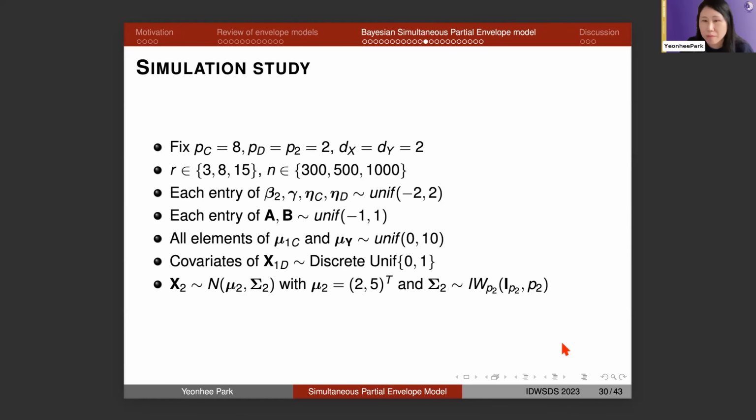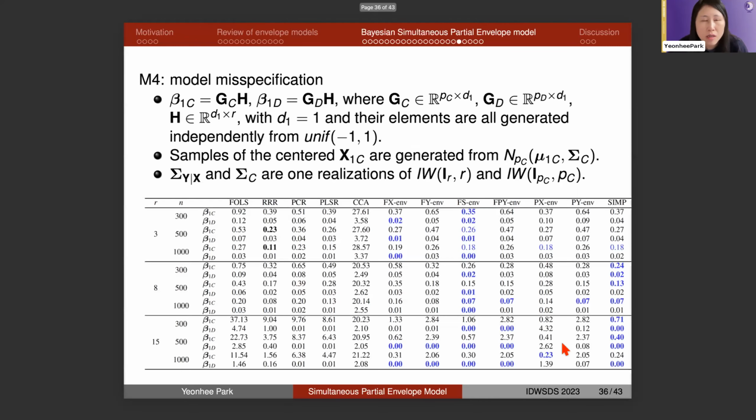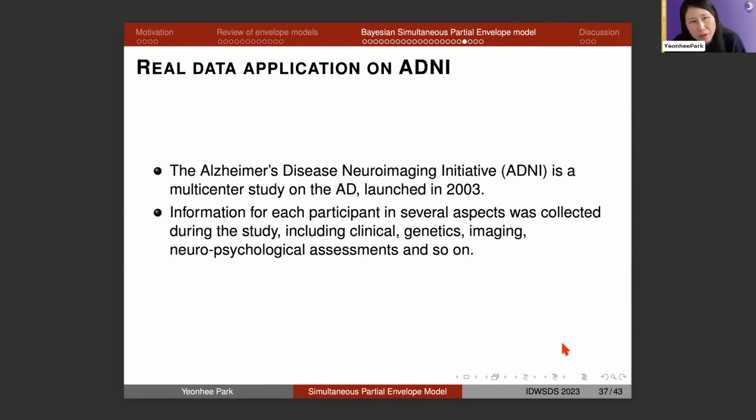Because of the time limit, let me jump to the data application part. So as we saw in the motivation study, I used ADNI data. ADNI is a multi-center study on Alzheimer's disease launched in 2003.